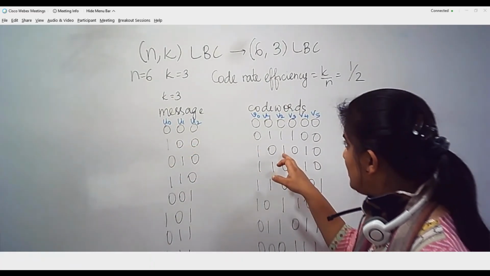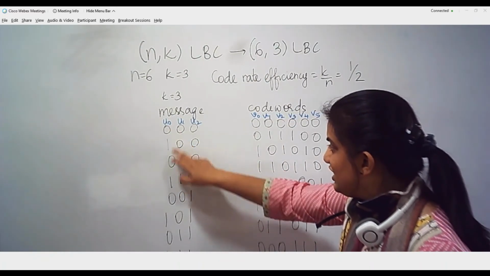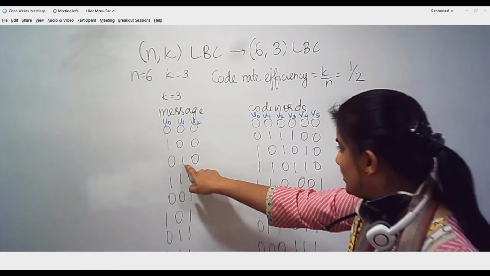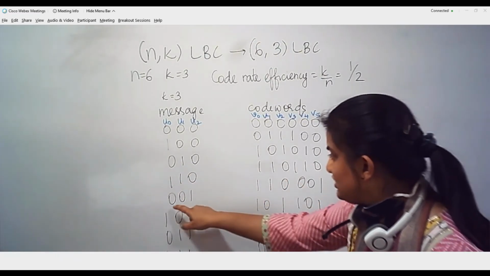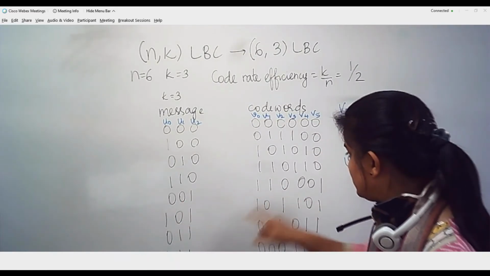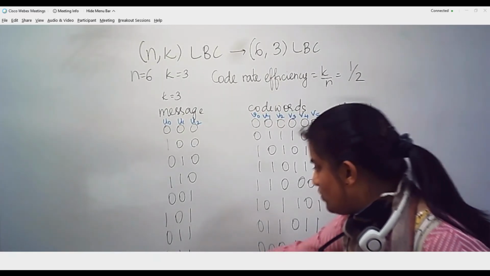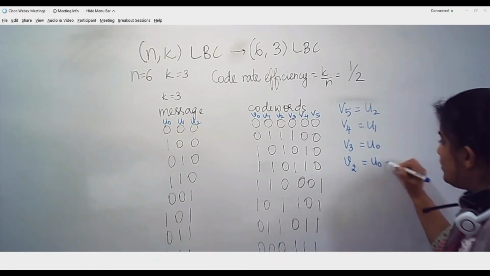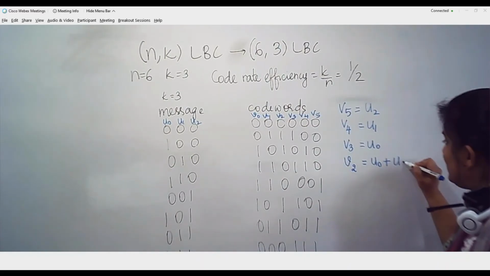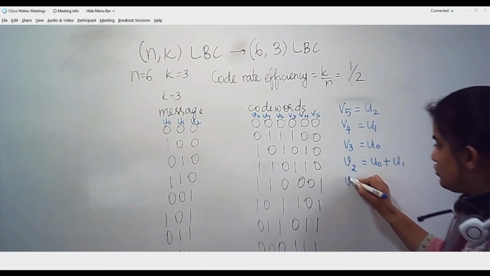If you come to this, again I have a 1, that means there is a clear combination of U0 and U1. So 1, 1 ends up in a 0, 0, 0 ends up in a 0, 1, 0 ends up in a 1, 0, 1 ends up in a 1. That means V2 is a combination of U0 added with U1. Verify whether this is correct or not.